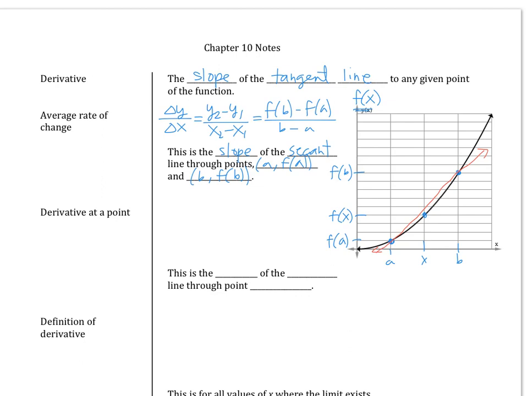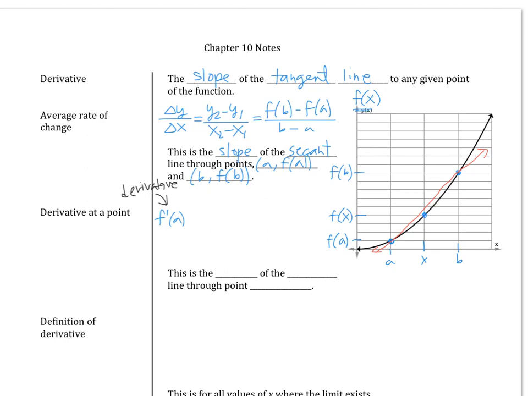And so if we want to figure out the derivative at a, this little prime, this dash or apostrophe on f, means derivative. Okay, so if we want to figure out the derivative at a, we cannot do that directly. So we need to actually have a and then a point that is close to a. So we're going to use the point x.